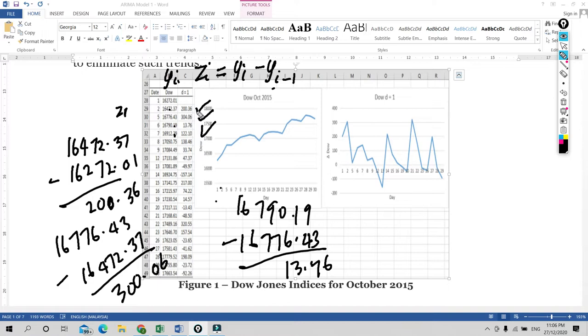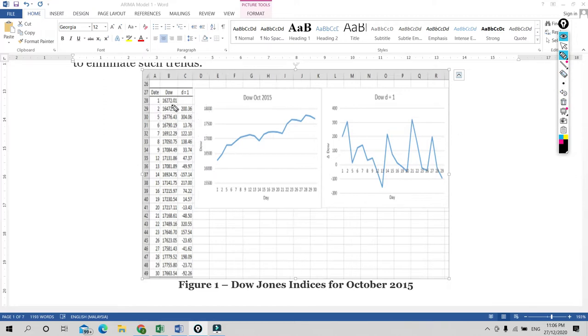Once you get the first differences and plot this graph, this is the first graph, the price. Then this is the second graph referring to this data. You can see that the data become stationary.